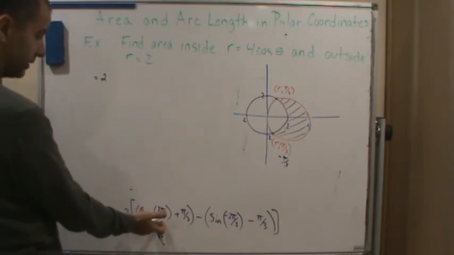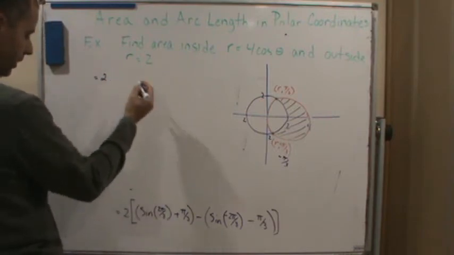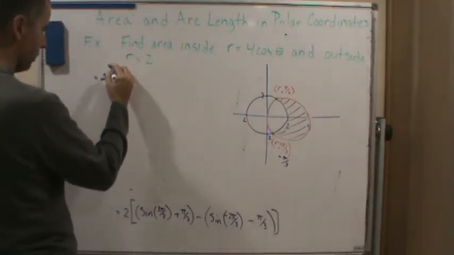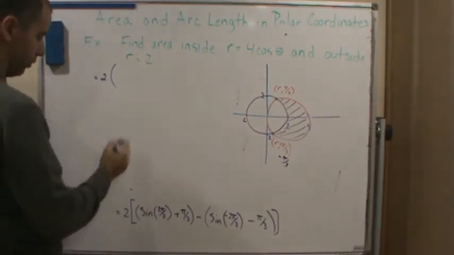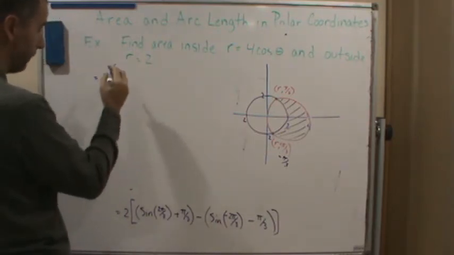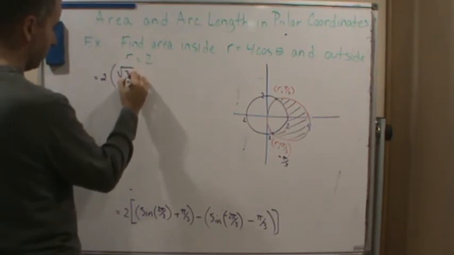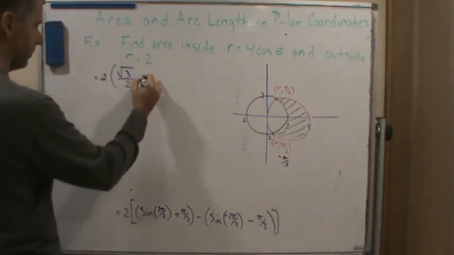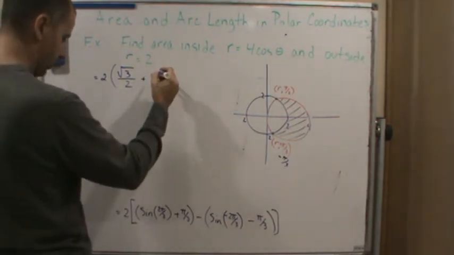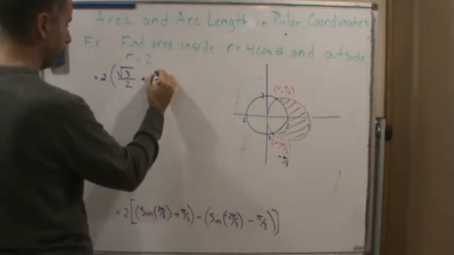So sine is going to be opposite of 60 degrees, which is going to be the square root of 3 over 2. And it's going to be positive. So square root of 3 over 2 plus pi over 3.